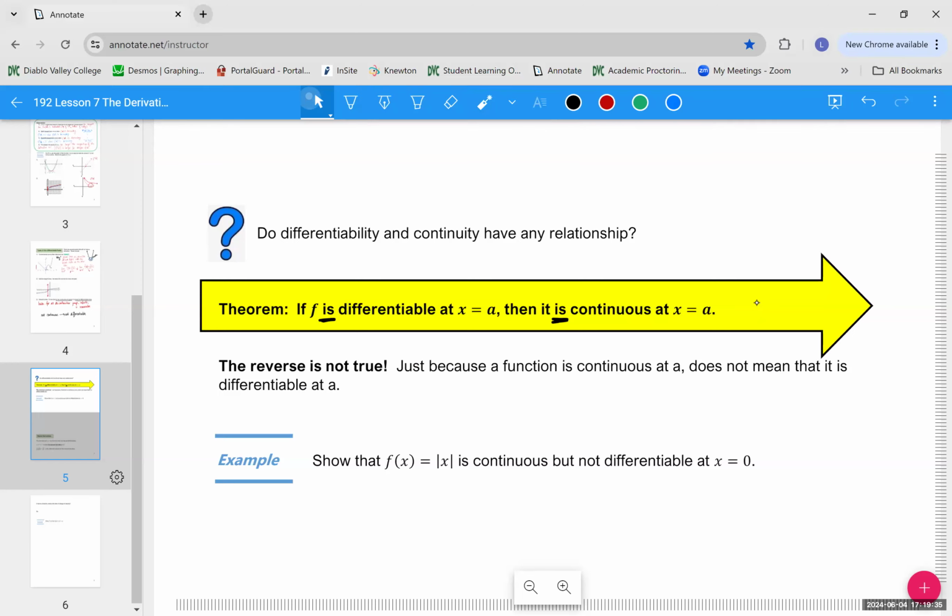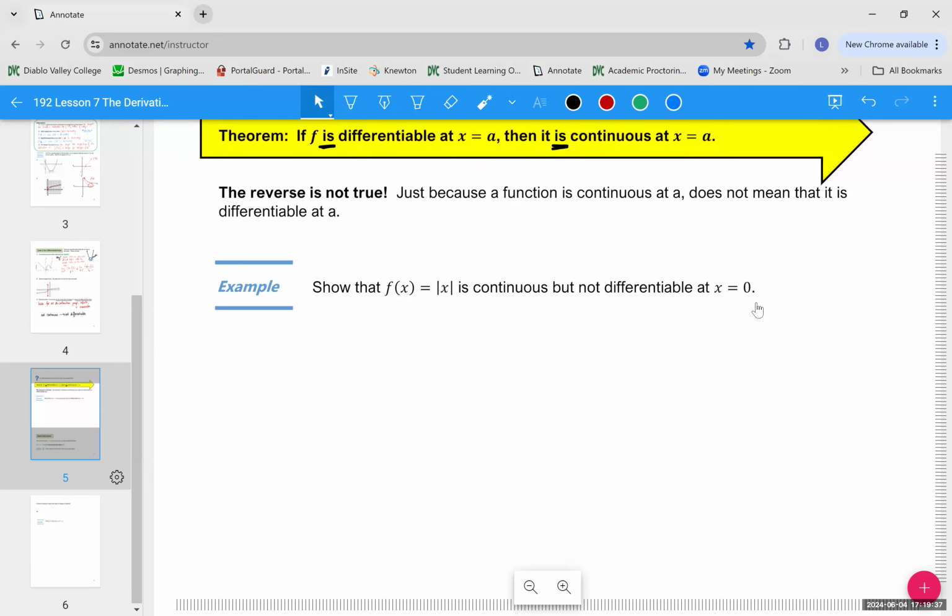You can't say continuous means differentiable. And the most shining example of that is the standard cusp problem here. So if you think about the graph of the absolute value of x, is it continuous at 0? Sure. It's defined at 0. The two side limits match up. We're good. But is it differentiable there? No, because of the cusp. Okay.